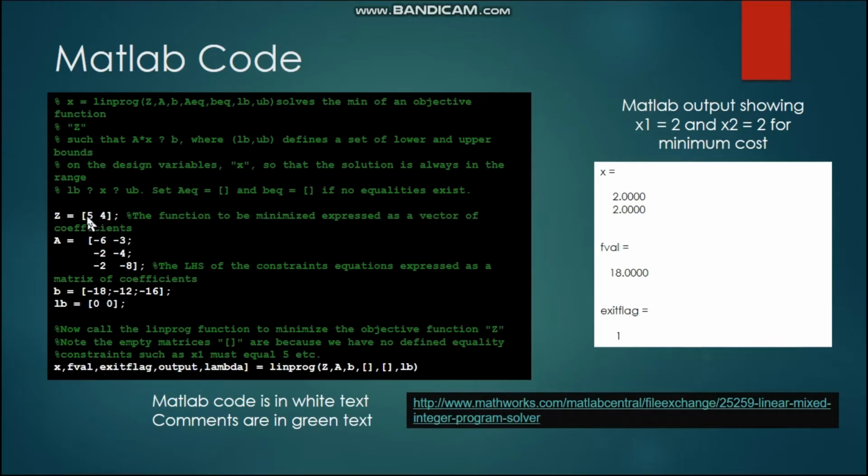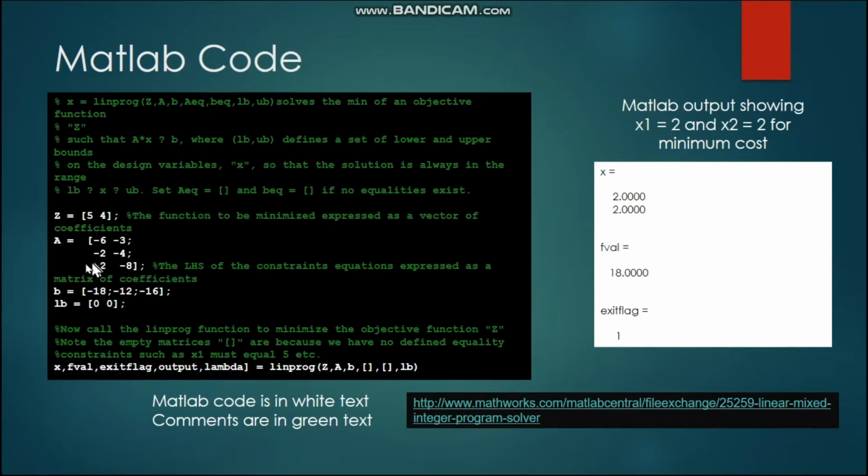We know this because the first position occupied in this vector is filled with 5, and MATLAB understands that this is the coefficient of your first unknown. 4 is the coefficient of your second unknown, x2. If we had a third unknown, x3, let's say we needed $7 times x3, we would put a space after 4, and then we would put 7 there.